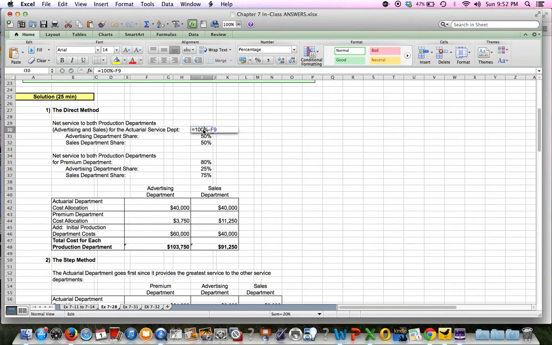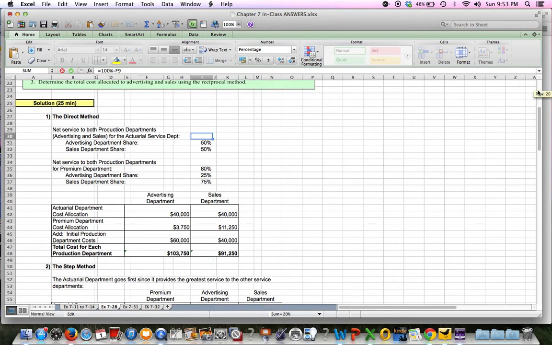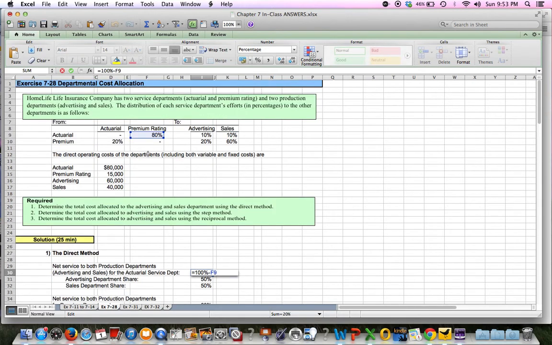You can basically say if we go 100% minus F9, F9 being this 80% right here, that's 20%, and then basically 50% is half of the 10% up here. Okay, so you can see how they got the numbers right there with those formulas.